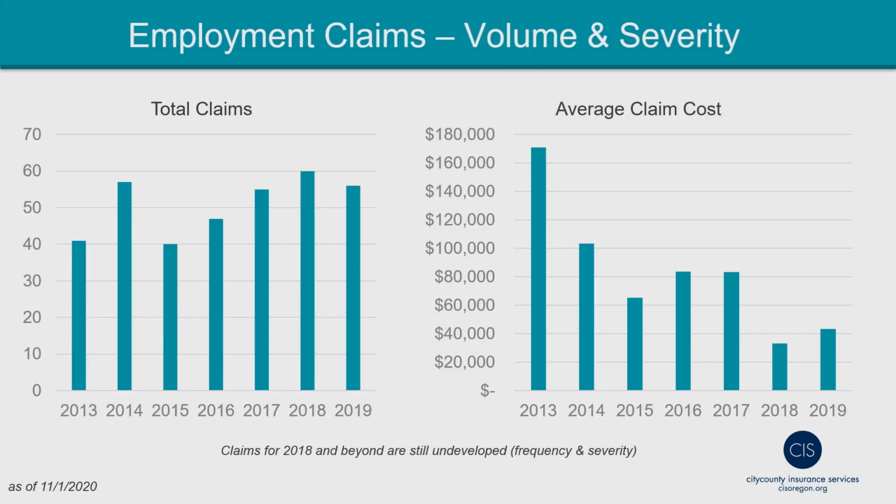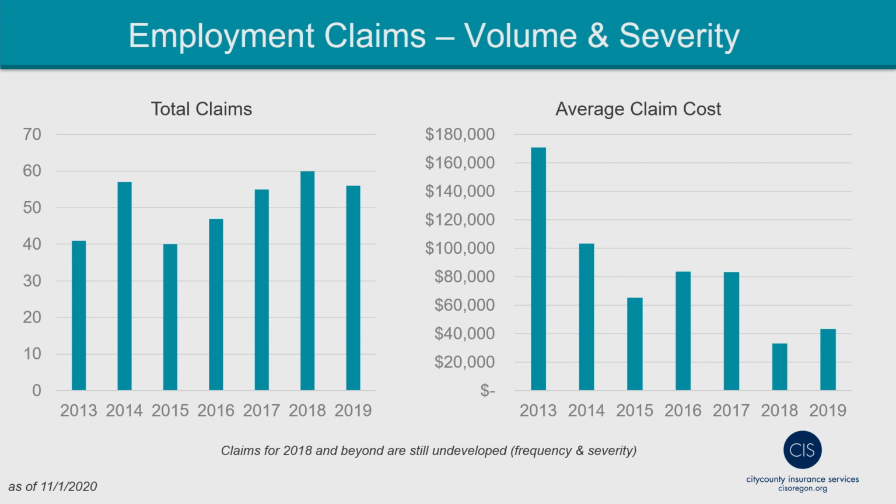So here's a chart where I want to show you the statewide trend, where the total claims you can see on the left have remained somewhat stable between 2014 and 19. We're at about the same volume. There have been a few ups and downs. But when you look at the average claim cost of employment claims, we're definitely on a downward trend, and we're very happy about that.